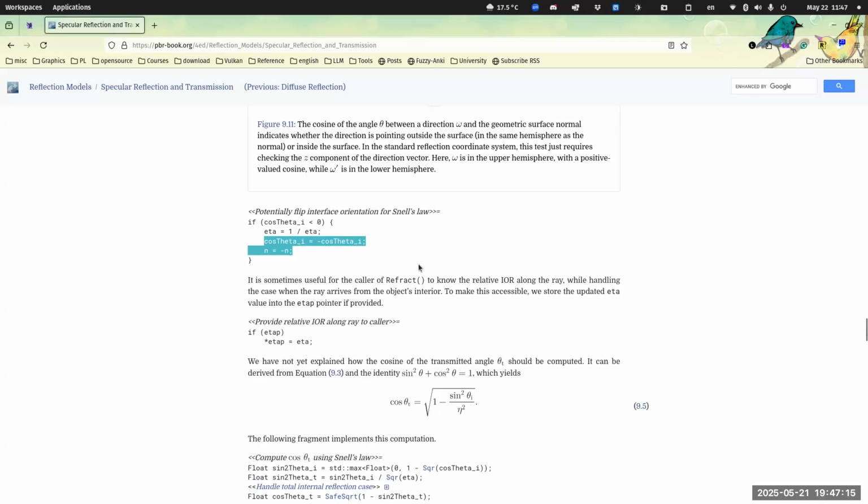It is sometimes useful for the color of refraction to know the relative IOR along the ray while handling the case where the ray arrives from the object's interior. So to make this accessible, we store it out through the pointer basically.